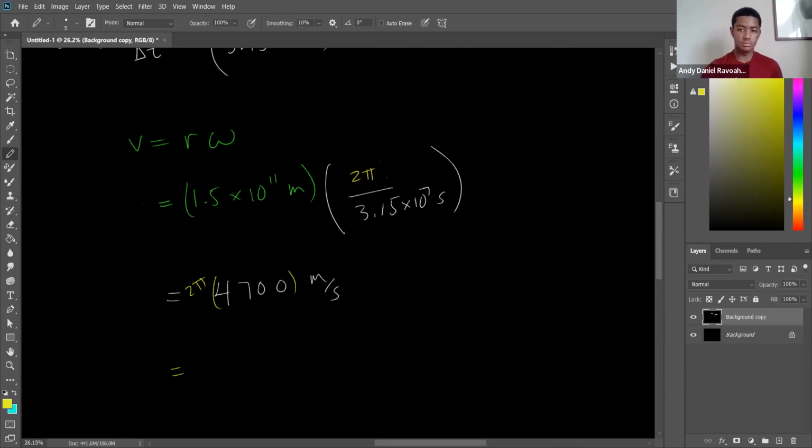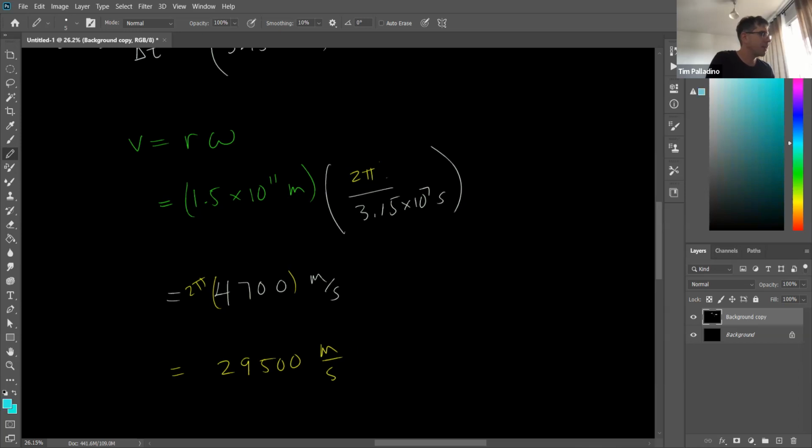29,500. And in this case, this is meters per second. But if we convert this over to kilometers per second, which is what the book gives us the answer in, 1,000 meters is 1 km.